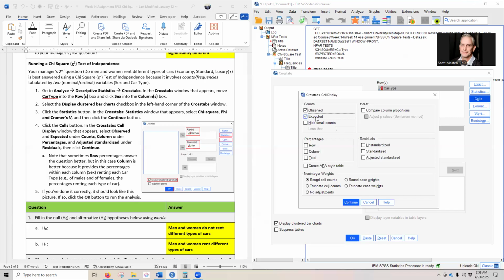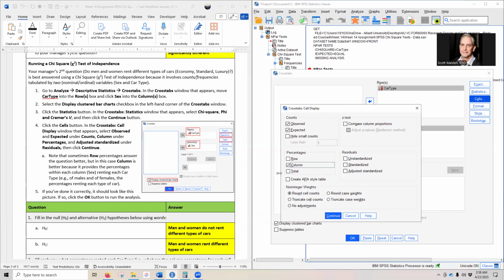And then under percentages down here, we want to get either the row percentages or the column percentages. There is no necessarily wrong answer, but one of the percentages usually explains the relationship better. In this case, I tell you to go ahead and get the column percentages.